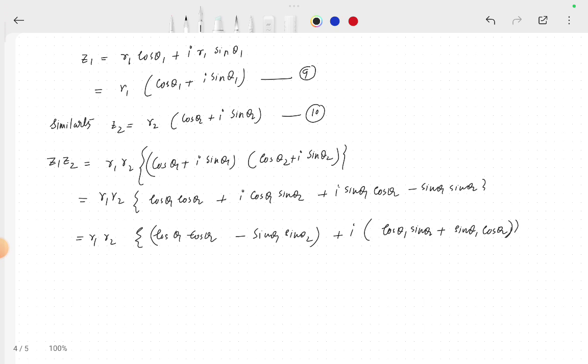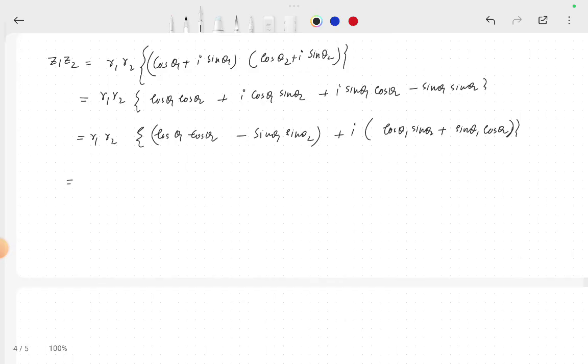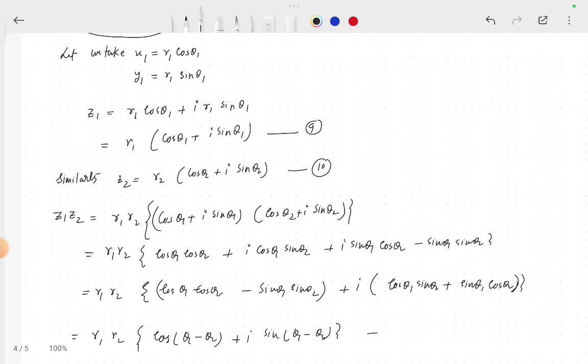Okay, so it is actually represented here as r1 r2 equals cos theta 1 plus theta 2 plus i sin theta 1 plus theta 2. So okay, that is equation number 11.